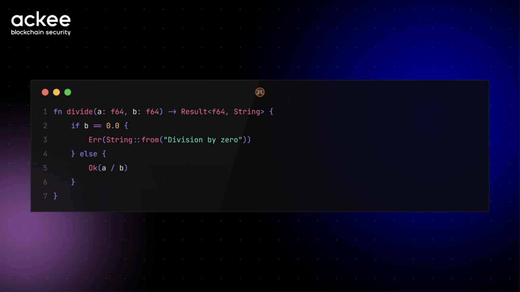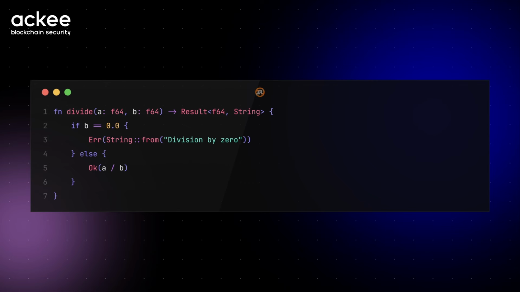And what's the idea here? If b is equal to 0, as we are performing division, we cannot divide by 0, so we can return Result. In this case, the result is Err, the second part of the Result definition on line 1. So we create the string "division by 0", and we return this value.